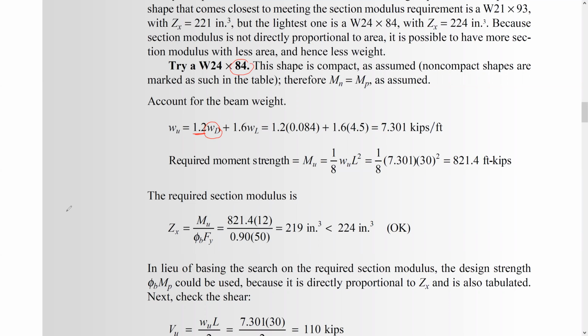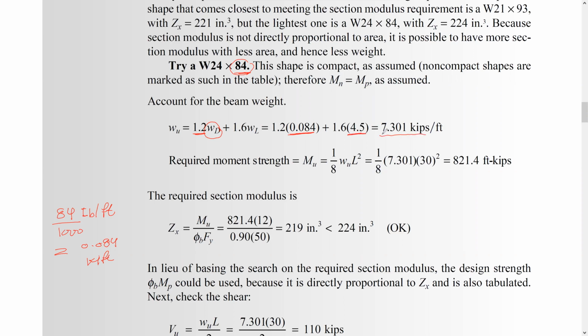So the self weight of the beam is 84 pound per foot, and dividing by 1,000, it's going to be 0.084. Here it's kip per foot. Okay, so 1.2, and the dead load is just the self weight of the beam. And here nothing will change, the same thing.